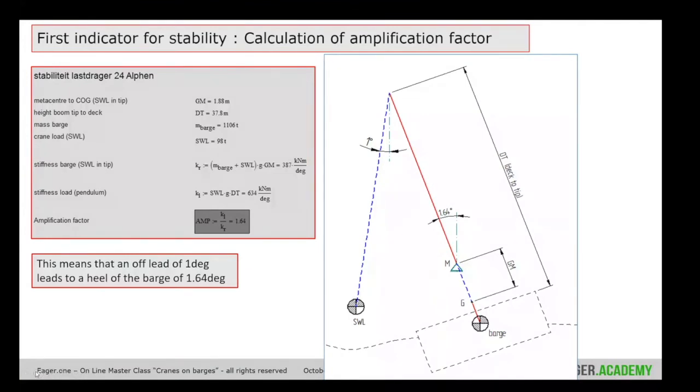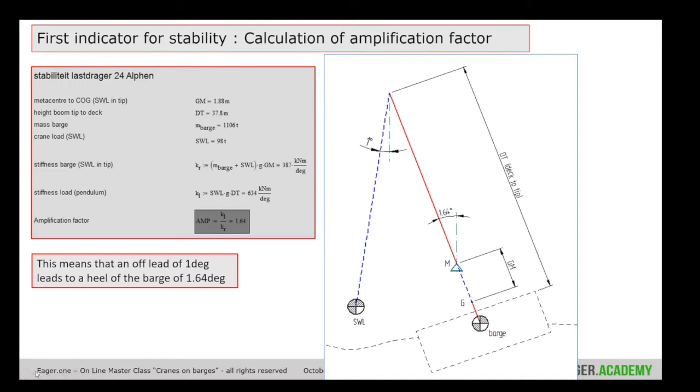As we have seen in the sheets from Tom, the GM value itself says very much about stability. When it's negative, you have a negative stiffness. So it's unstable, fundamentally unstable. When it's very high, then it's very, very stable.